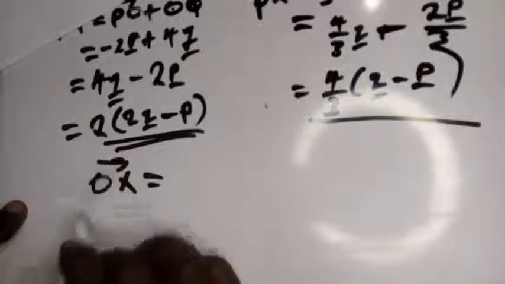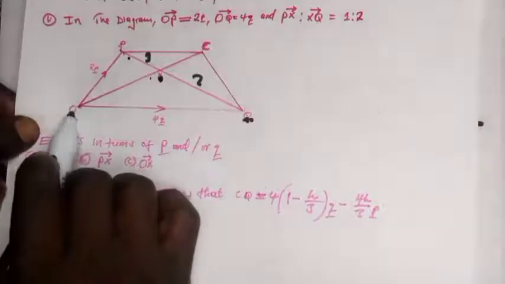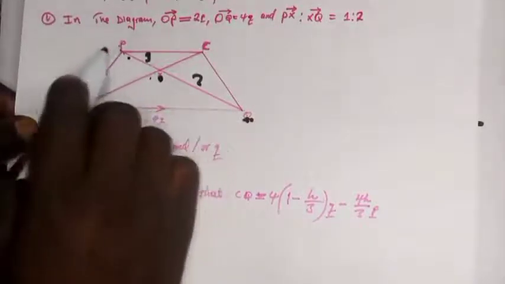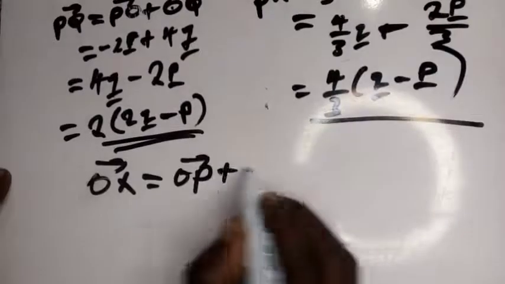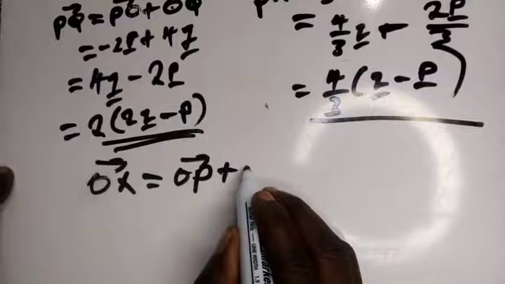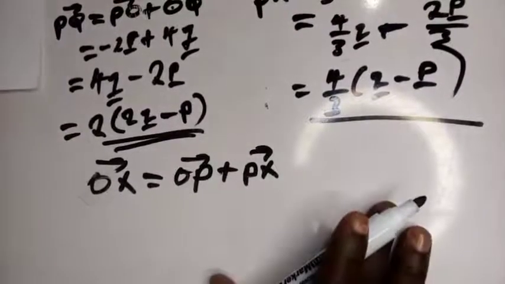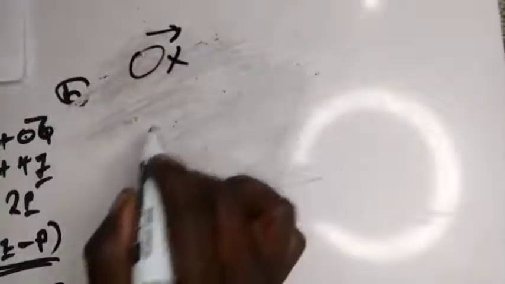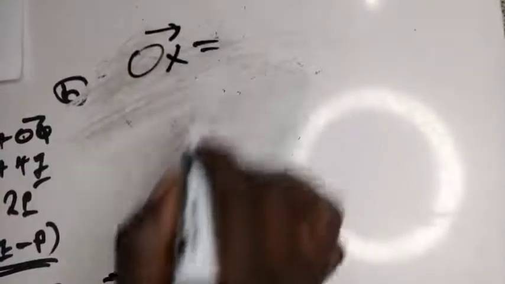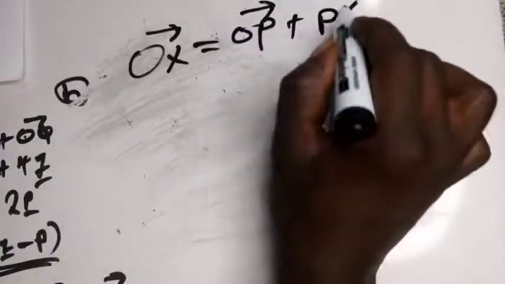Now we are asked to find the vector OX. So we have to go OP plus PX. OX is OP plus PX.